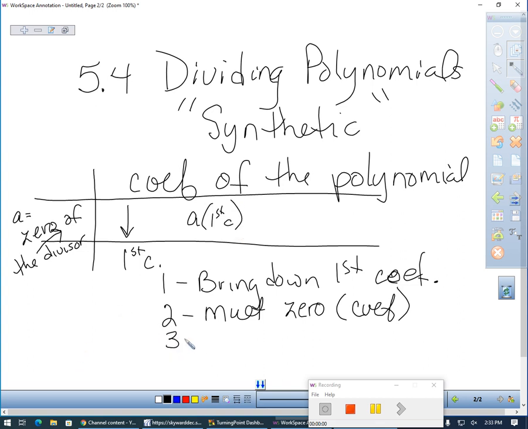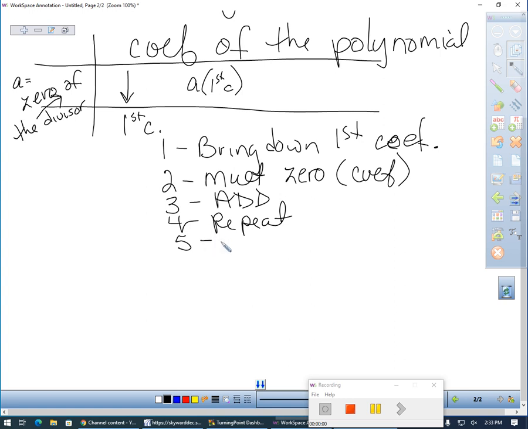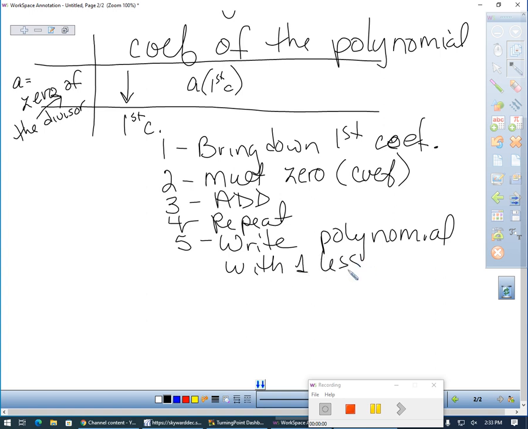Step 3, we add that column. Step 4, we repeat. Step 5, we write our answer with one less x value. One less exponent. Okay? So let me show you what I mean.